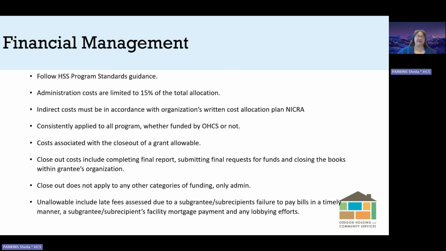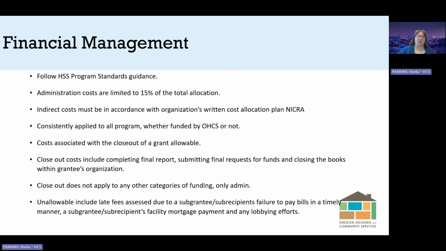Administration refers to costs that benefit the entire organization and cannot be attributed specifically to a particular program, such as executive and board member compensation, IT and HR salaries and compensation, and the operation of the facilities. This may include direct or indirect costs.